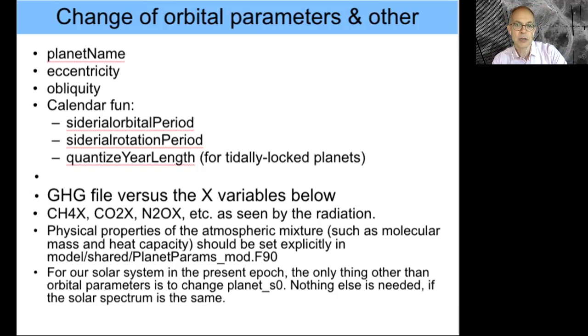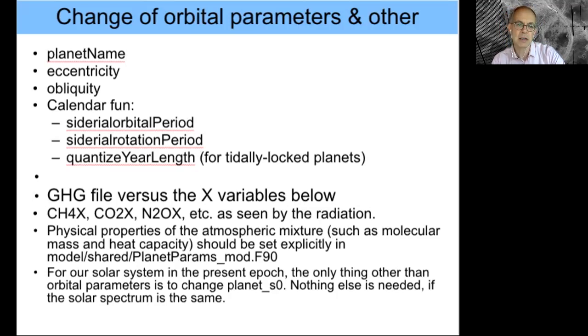You can also set your eccentricity, of course. Shouldn't surprise you, your obliquity, and a whole bunch of things that are related to what we call the calendar. So things like, as you see here, your sidereal orbital period, your sidereal rotation period, and ways to decide whether you should quantize your year length in integers or not.